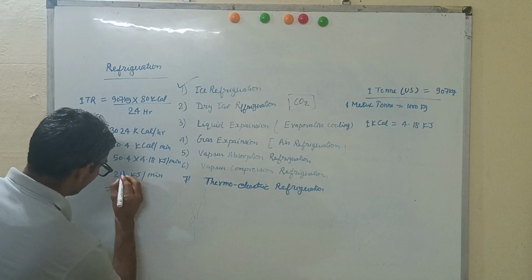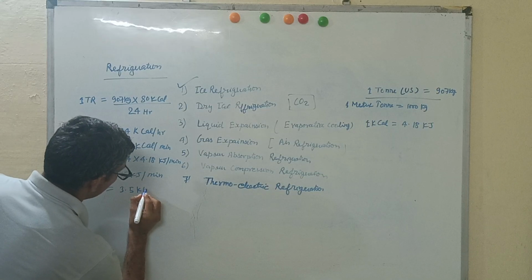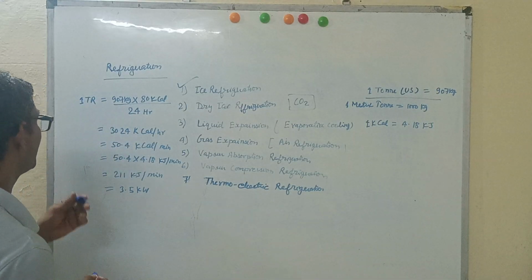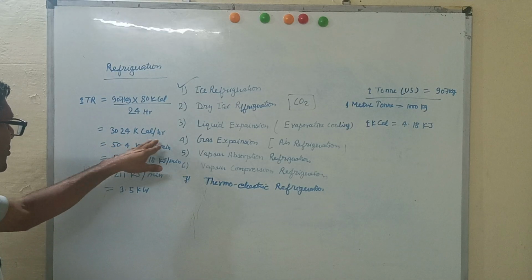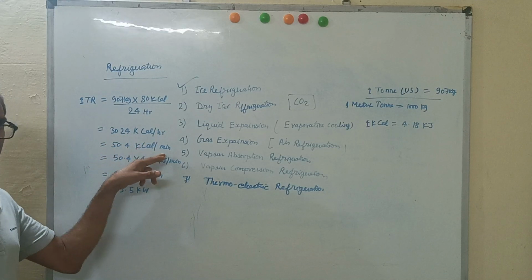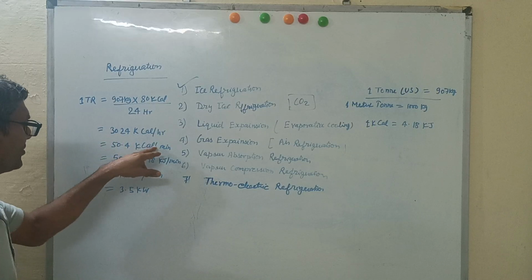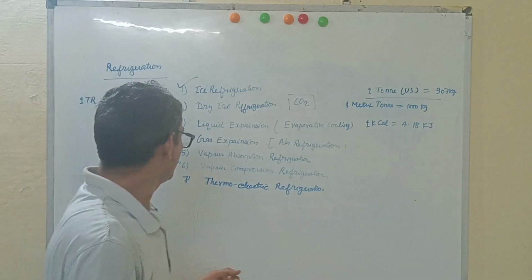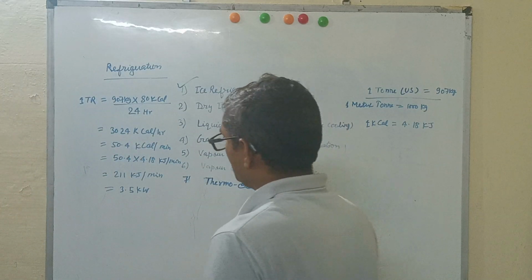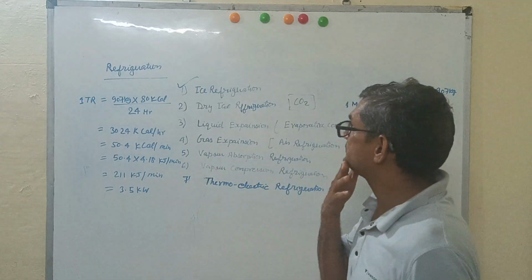Converting again, we get 3.5 kilowatt. So 1 TR equals 3024 kilocalorie per hour, 50.4 kilocalorie per minute, 211 kilojoule per minute, and with calculation we get 3.5 kilowatt.